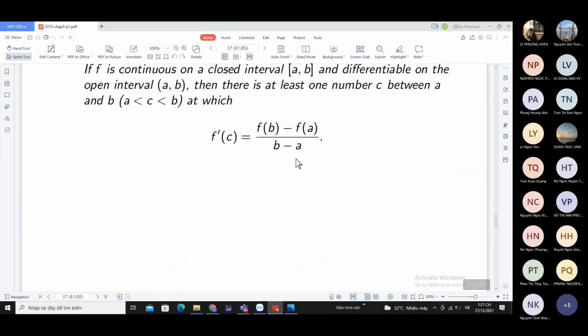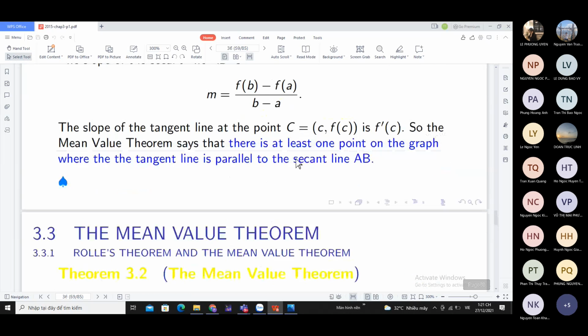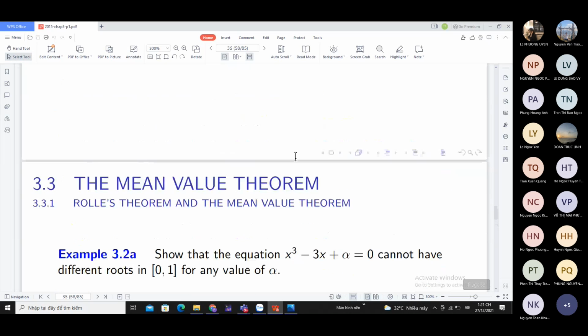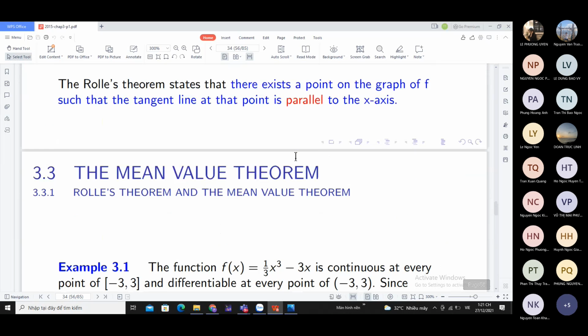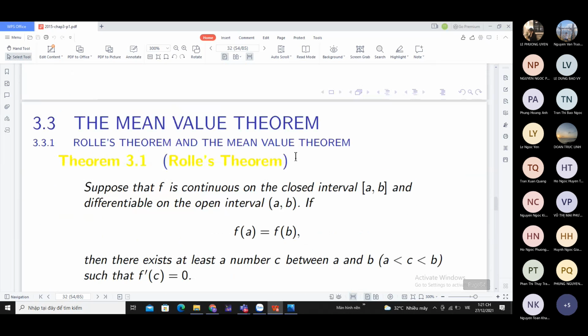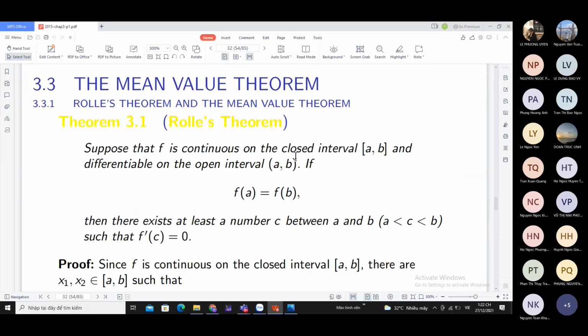Now, I go back to the Rolle theorem. Yeah, it's here. Now, the function f is continuous on the closed interval [a,b], differentiable on the open interval (a,b), and f(a) equals f(b).